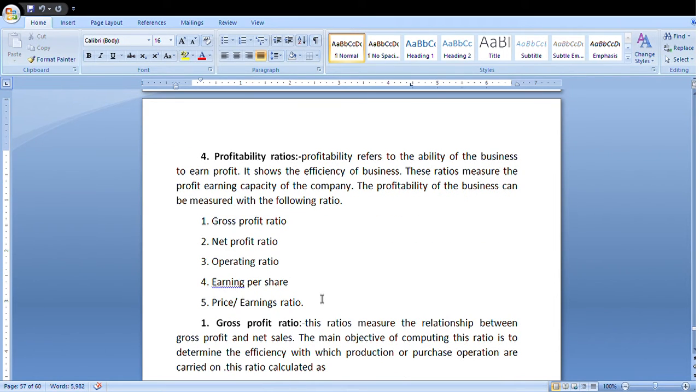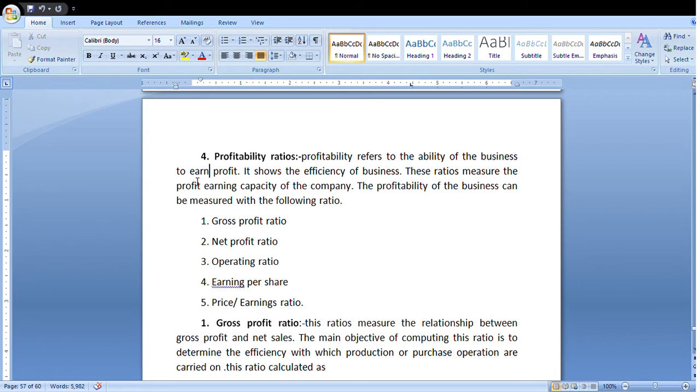Next one is profitability ratios. This is one type of ratios. Profitability ratios refer to the ability of the business to earn profit, to show the efficiency of the business. These ratios show the profit earning capacity of the company. The profitability of the business can be measured with the following ratios.